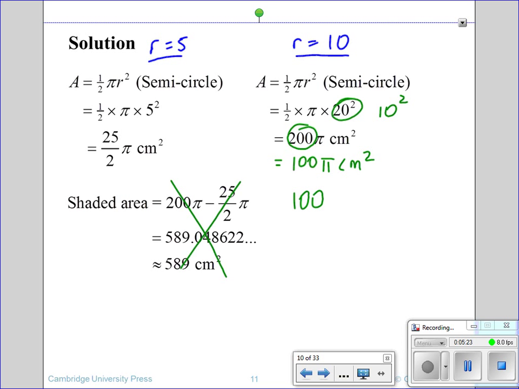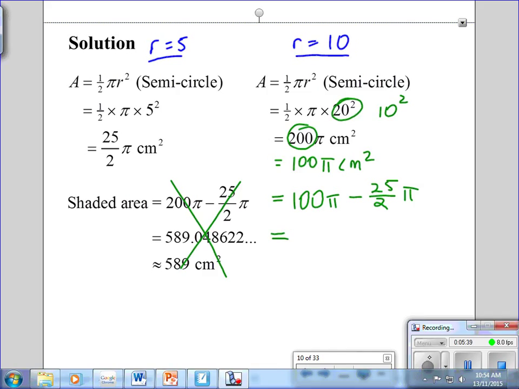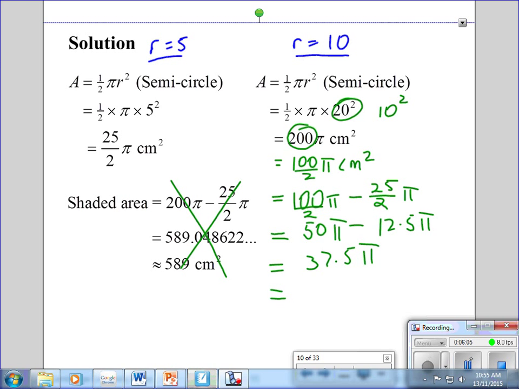Let's ignore that because that's all wrong. 100 pi minus 25 on 2 pi, which equals, well, what we've got left is 50 pi minus 12.5 pi, which leaves us with 37.5 pi, which is equivalent to, which equals 118 centimetres squared.